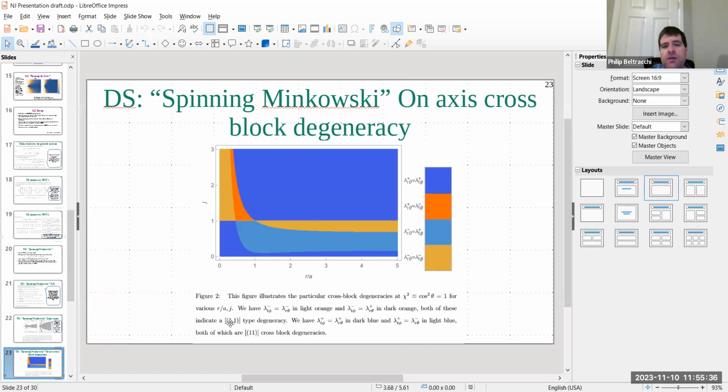So these are a 1 degeneracy. We also have, in general, the other points that could be lambda t phi plus equal to r theta plus, or lambda t phi minus equal to r theta minus. These are the dark blue and the light blue fields, and we're showing the cosine equal to 1 and r, for various r over a and various values of the constant j here.